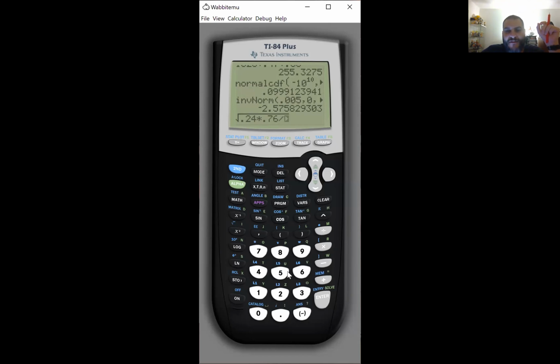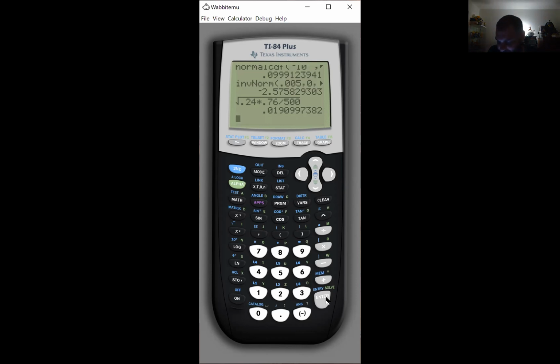You divide this by 500 and press enter. You get 0.0191, and you usually keep 4 decimal places to keep it somewhat accurate. Any question for the standard error?